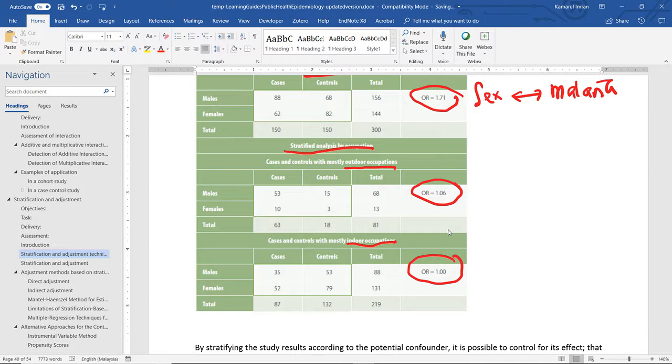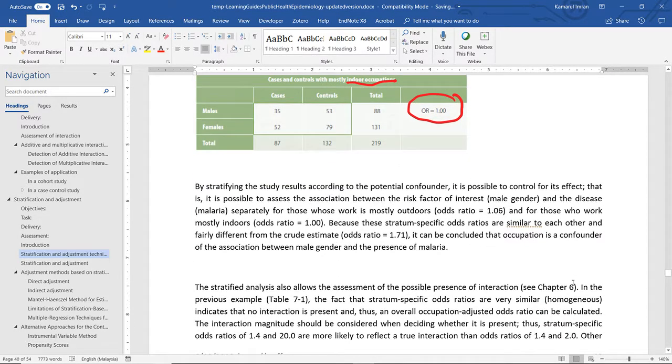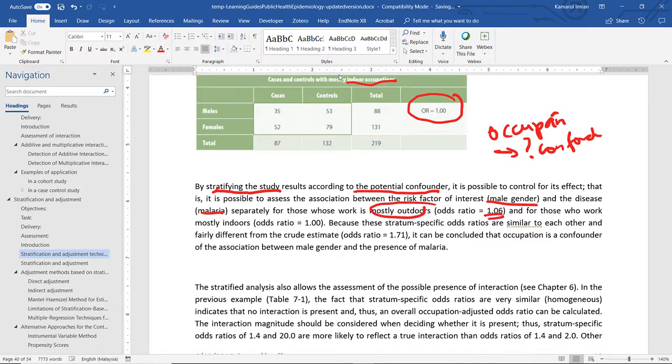So if you see here, when we stratify the study according to a potential confounder, in this case occupation, which could be the confounder, when we stratify the analysis we see that male gender and malaria in outdoor occupation has an odds ratio of 1.06, and in indoor 1.0.